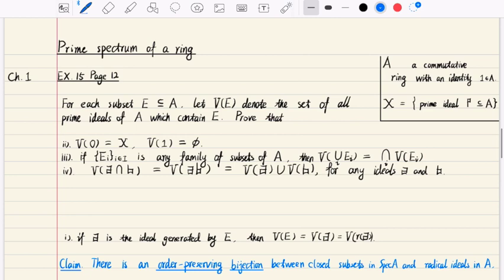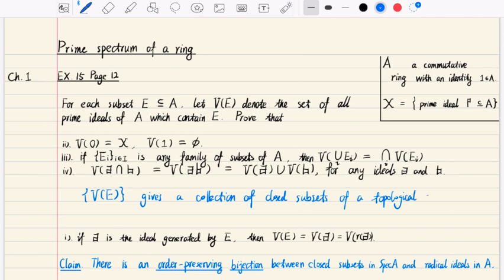So these three mean that the collection of all these V subsets gives the collection of closed subsets of a topological space, which is, in fact, the Zariski topology.